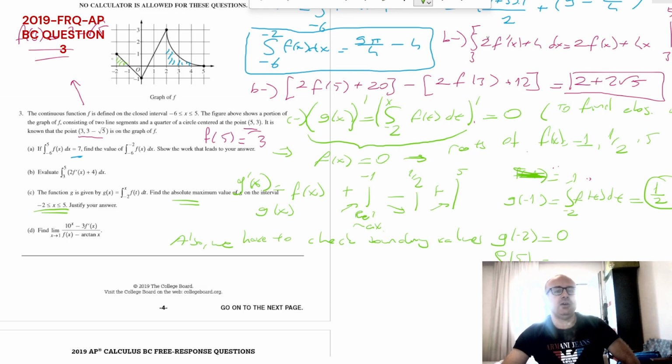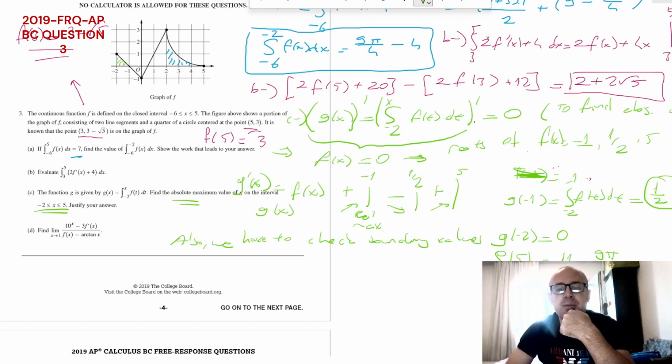The area between the x-axis here is 11 minus 9 pi divided by 4. I'm going to repeat that part. G of 5 is: substitute x equal to 5, the integral from negative 2 to 5.